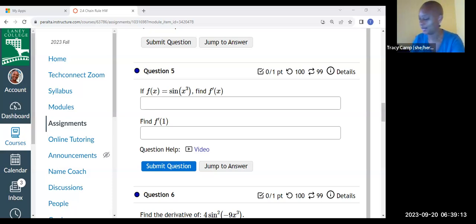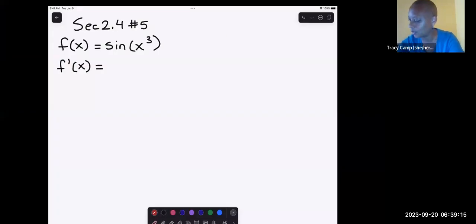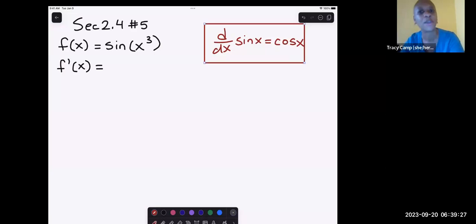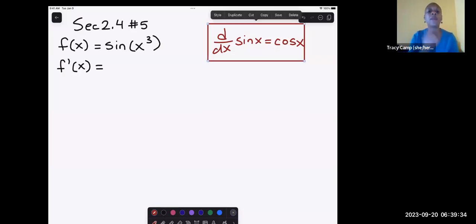So number 5, we're using this rule that the derivative of sine of x is cosine of x. But anytime you're using a rule and you have something other than x where the x in the rule is, that tells you you have to use the chain rule and multiply by whatever is there instead of just the x.